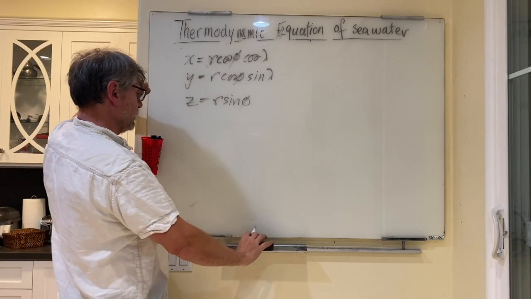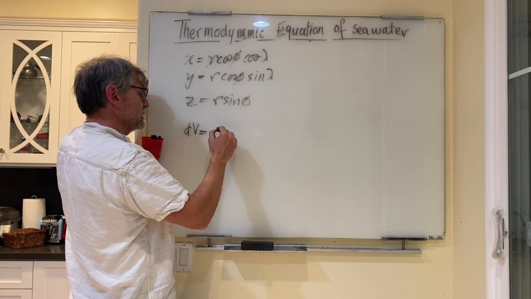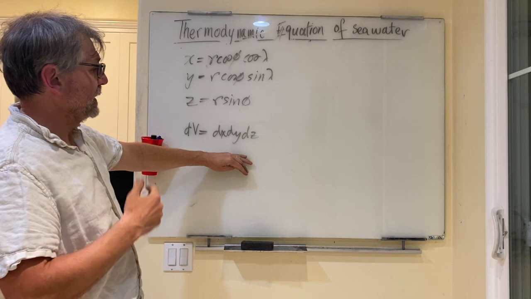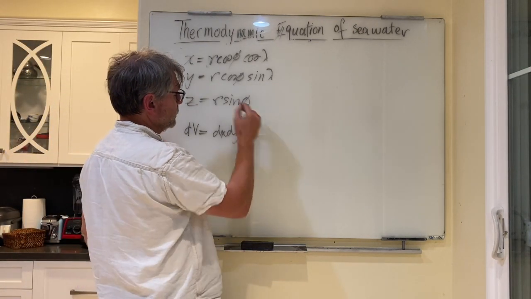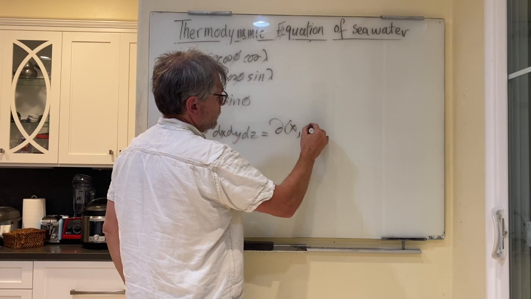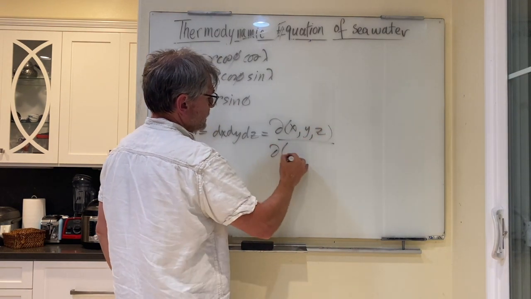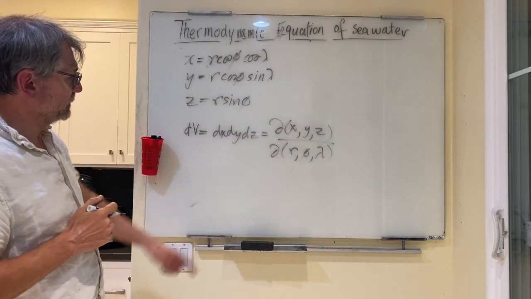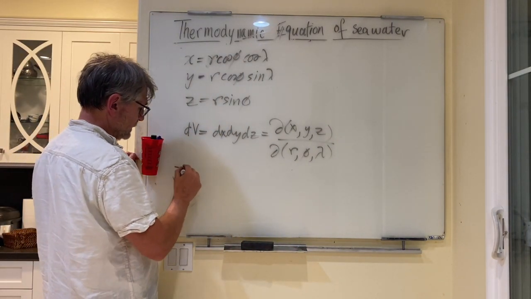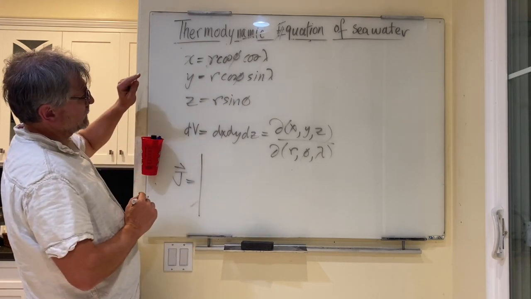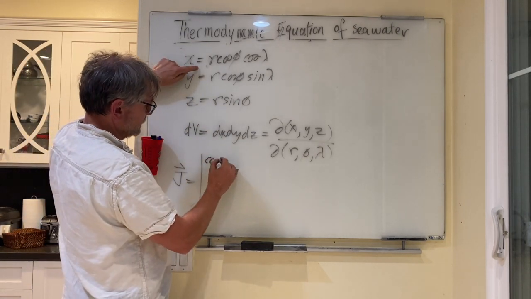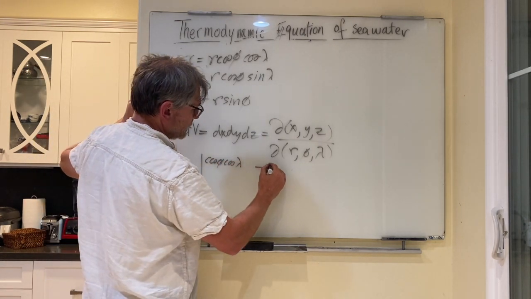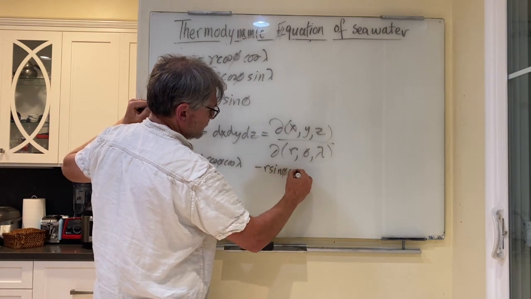And the volume element dV was just dx dy dz in Cartesian coordinates. And if I want to go to spherical coordinates, it would be the Jacobian determinant of (x, y, z) with respect to (r, phi, lambda). And I can evaluate all these partial derivatives, the Jacobian matrix. So let's do it. J is equal to, so dx dr is cos phi cos lambda. dx d phi is minus r sine phi cos lambda.